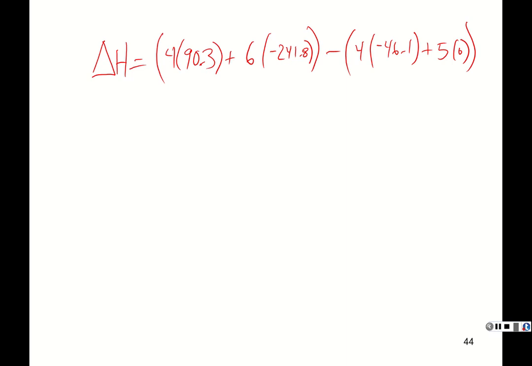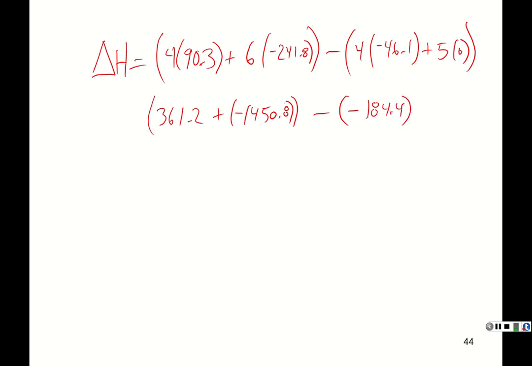Okay. So when we do this math, 4 times 90.3 would be 361.2, plus 6 times negative 241.8 would be negative 1450.8. We do that first, then we subtract 4 times negative 46.1, which would be negative 184.4.